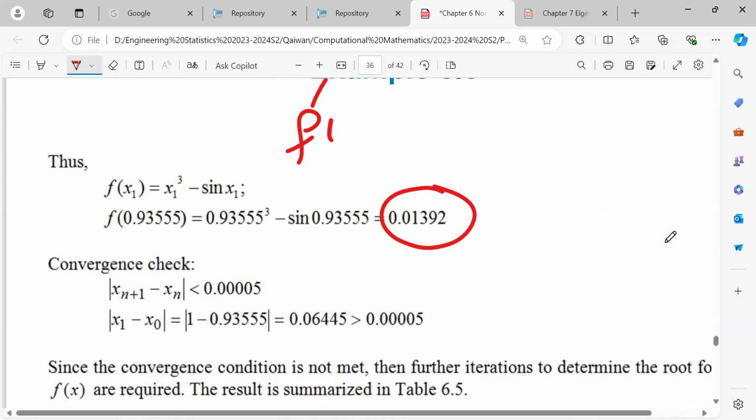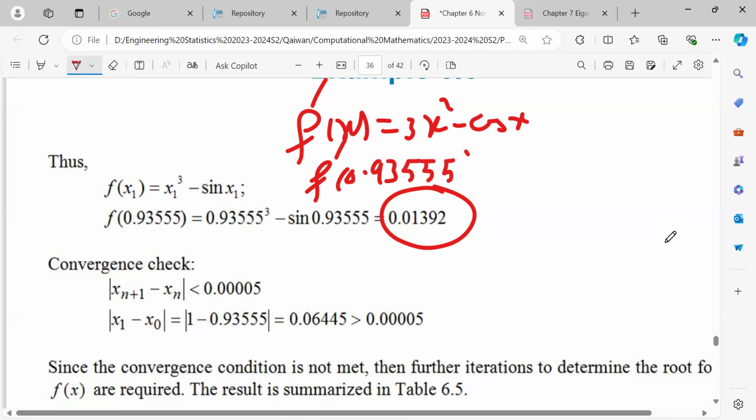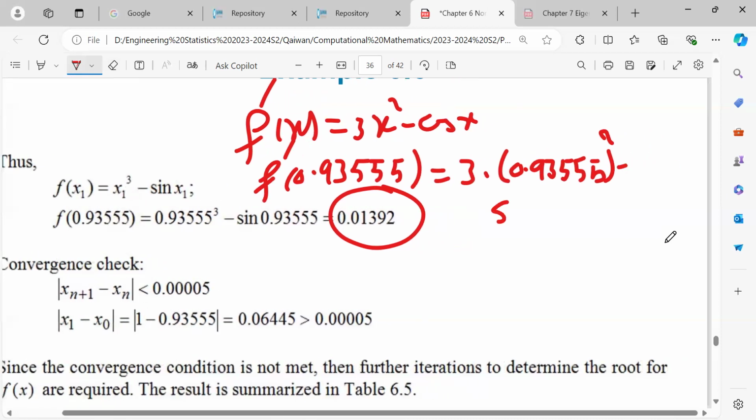Okay, f prime of x we said is 3x squared minus cosine x. To find f prime at 0.93355 is equal to 3 times 0.93355 to the power 2 minus cosine of this value.